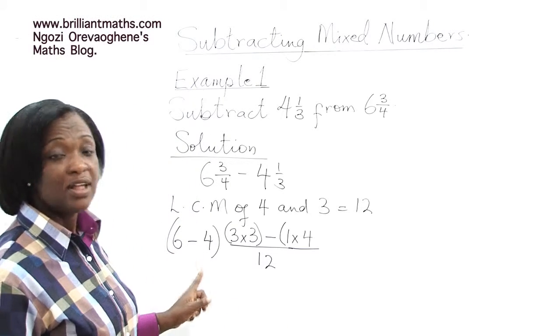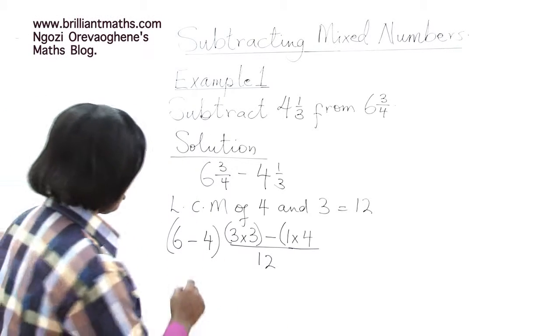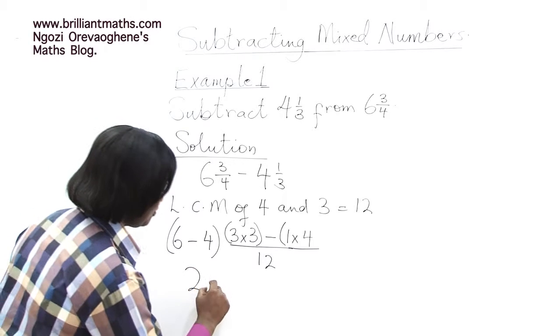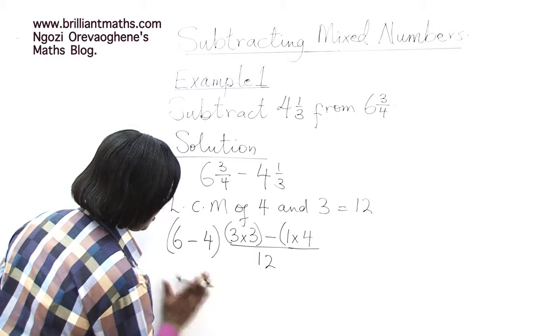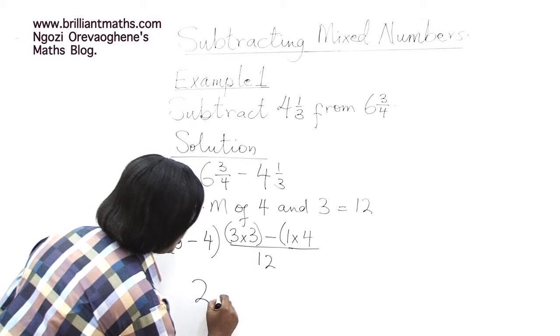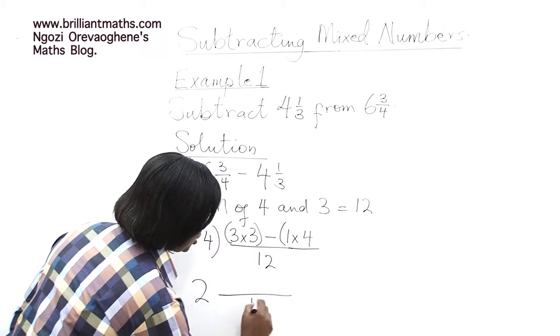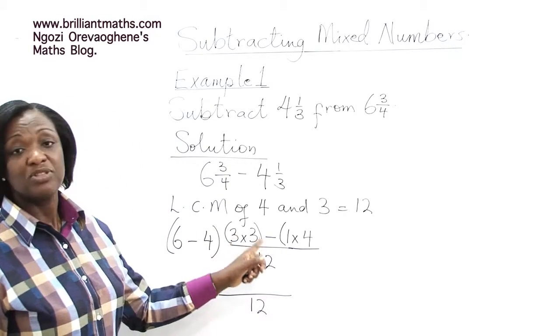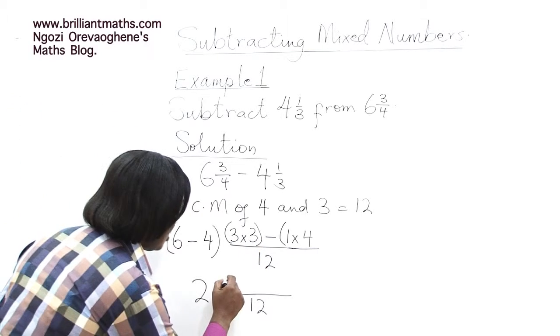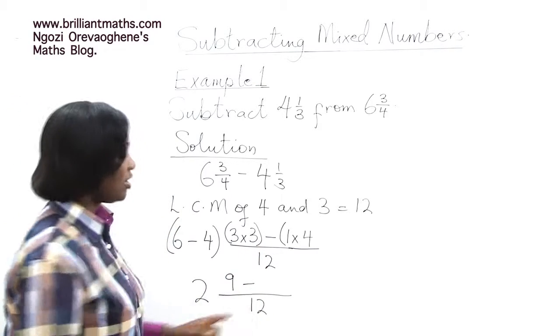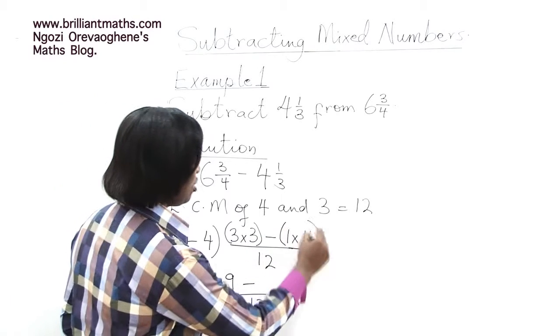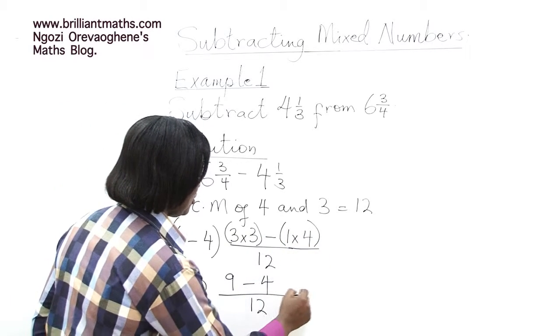It follows that 6 take away 4 is 2. The denominator is 12. 3 times 3 is 9, take away 1 times 4 is 4.